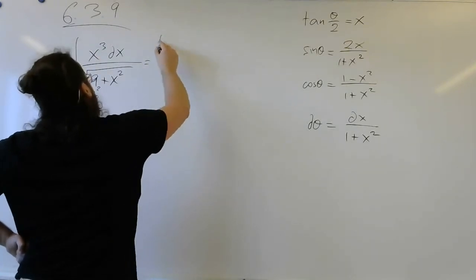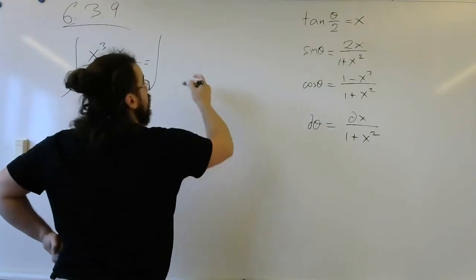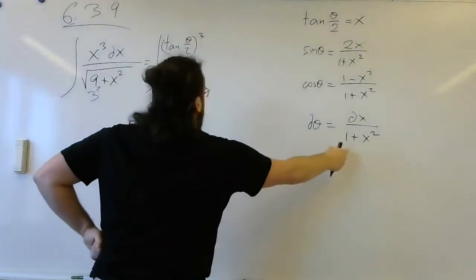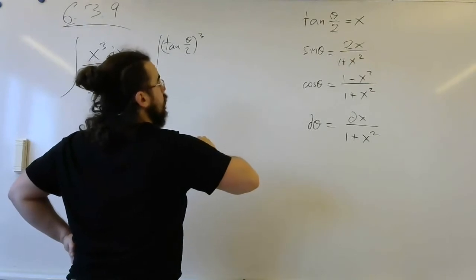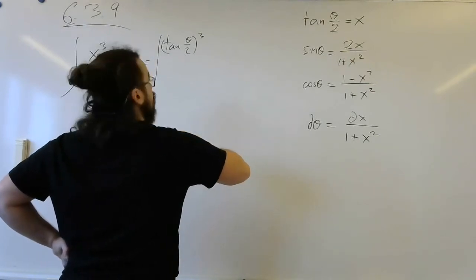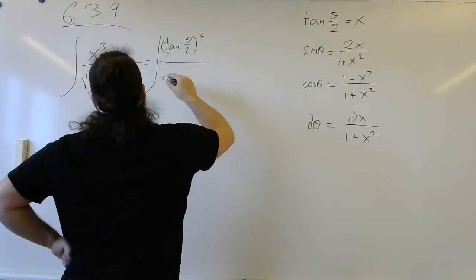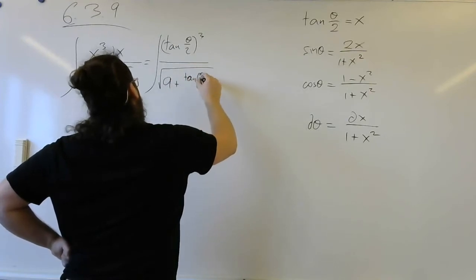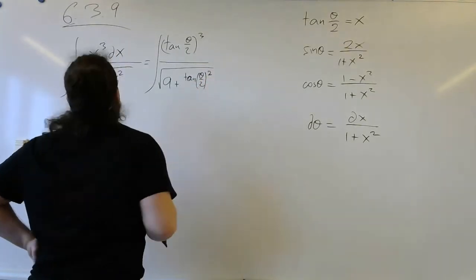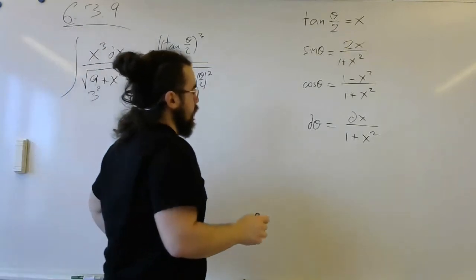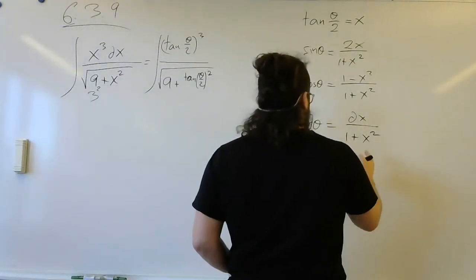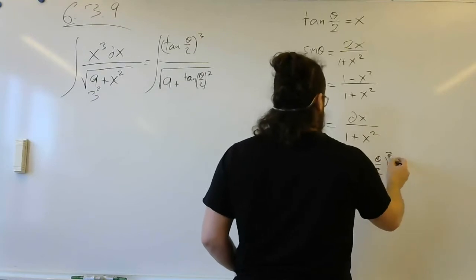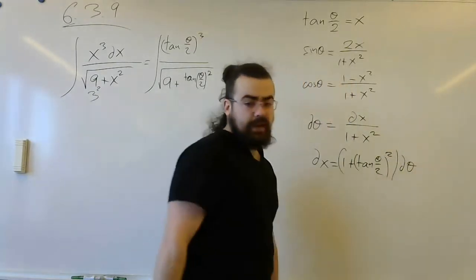If we do this, we have x cubed, different. Give me a second. This is in there, and now for differential of x is 1 plus tangent of theta halves squared, differential of theta, right?